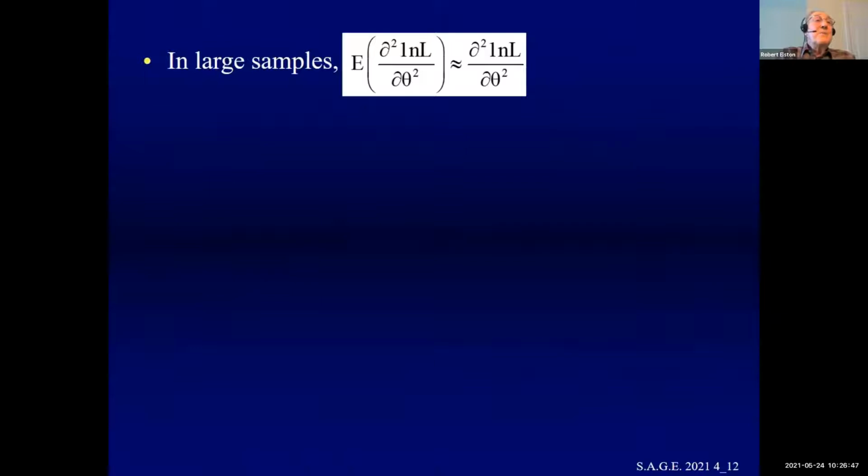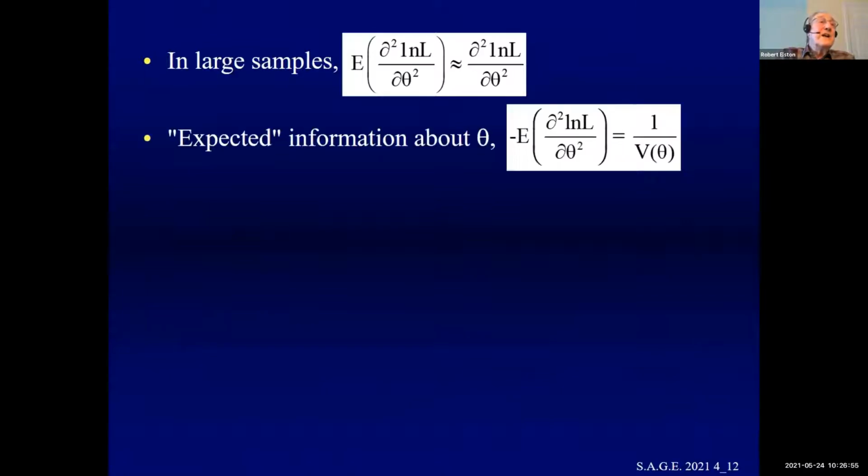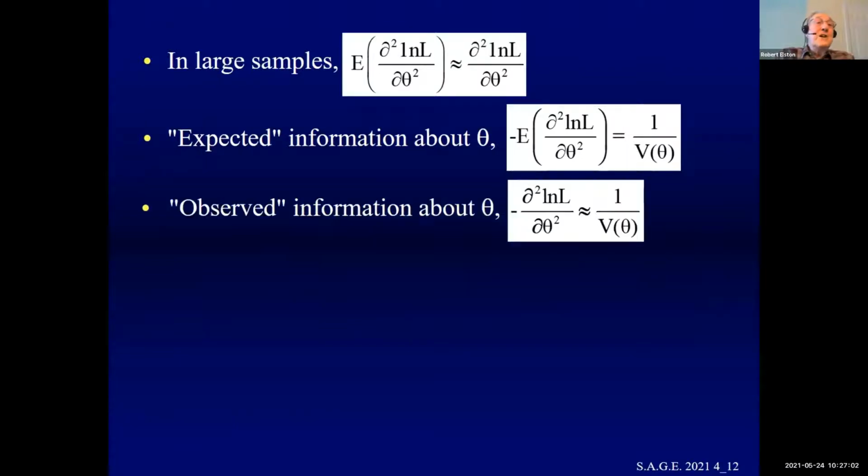So in large samples, the expected value of the second derivative is the same as the second derivative itself, asymptotically, okay? The expected information is the expected, but the observed uses the second derivative of the log likelihood.